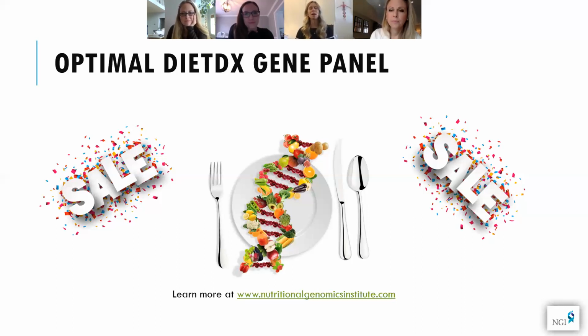But in this specific panel, we are looking at what we talked about last week, sulfur metabolism. We're looking at your oxalate metabolism. We're looking at how you process nutrients. We're looking at things like, should you be eating gluten? Because there are the HLA genes, but there are a bunch of other genes that might make you more susceptible to non-celiac gluten intolerance.